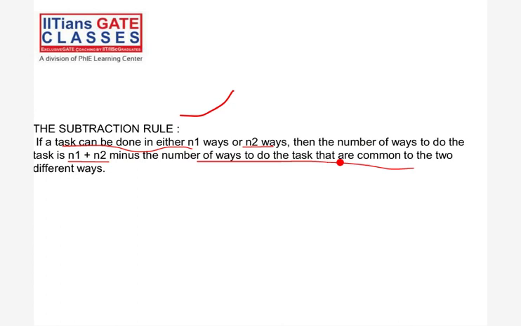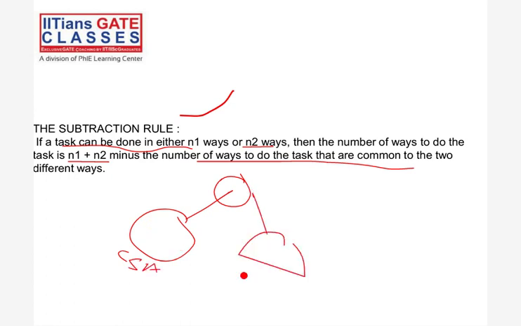Let me take an example. You have a university, and in that university there is a CSE department and, again the same example, a math department. In the CSE department, let's assume there are 20 teachers. In the math department, we assume 40 teachers. The task is to send one professor to a conference.